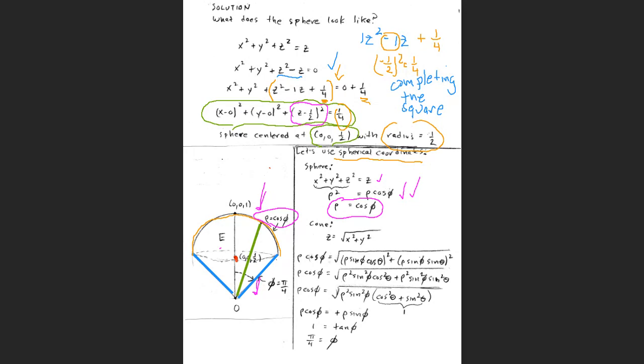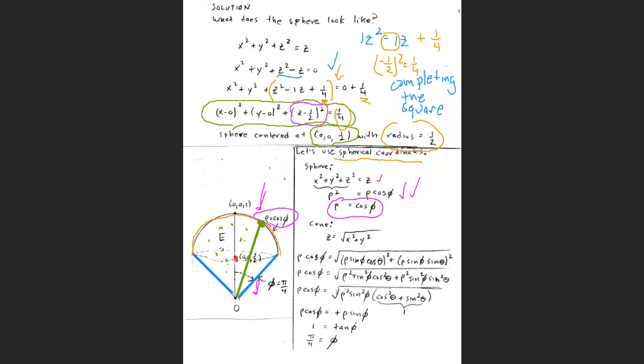Any point in this solid would have a rho that starts at 0, and the largest value of rho would be cosine of phi, because rho equals cosine of phi describes the sphere, and that's the boundary.